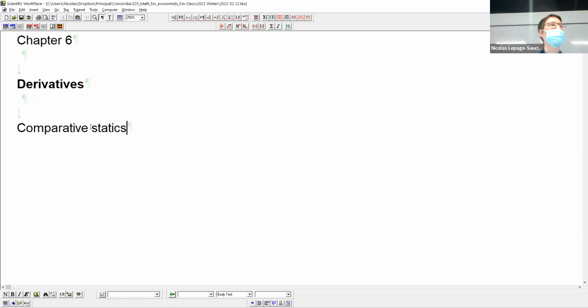Have you heard of this term before in your classes? Yes, no, maybe. No, don't remember. Maybe if I show you, you'll remember. Comparative statics is what we use once we have defined a model, solved the model, and then we want to discuss what we just found.